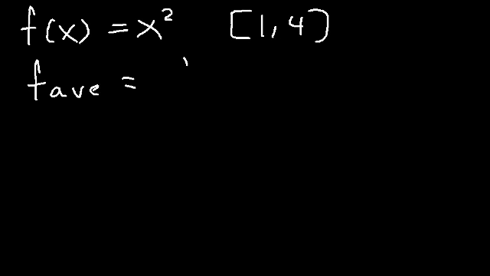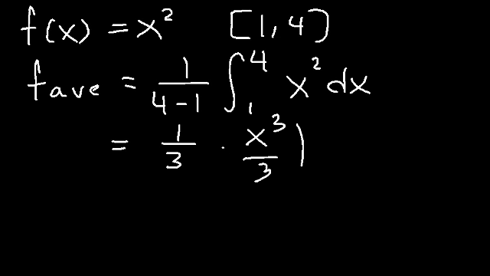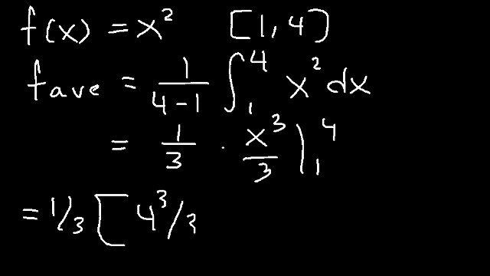So it's 1 over b minus a, or 1 over 4 minus 1, antiderivative 1 to 4, x squared dx. So 4 minus 1 is 3. The antiderivative of x squared is x cubed divided by 3 from 1 to 4. So this is going to be 1/3 times 4 cubed divided by 3 minus 1 to the 3rd divided by 3.